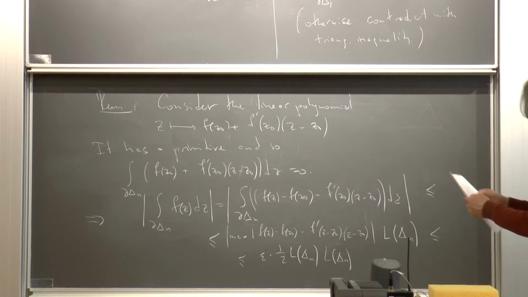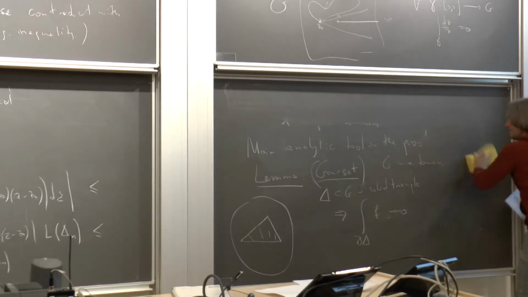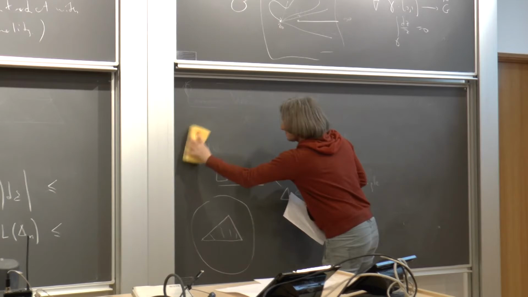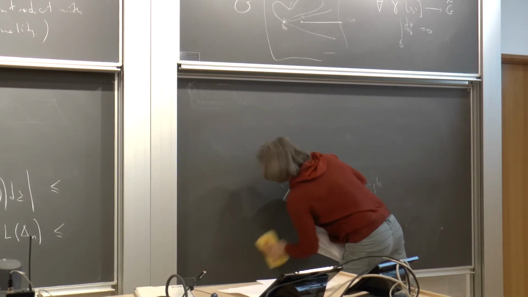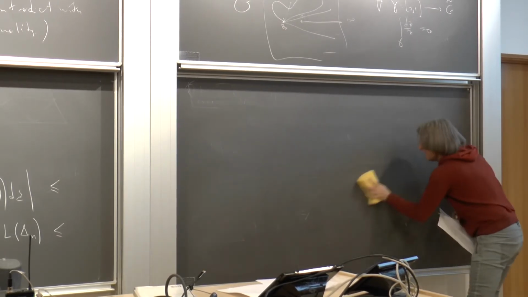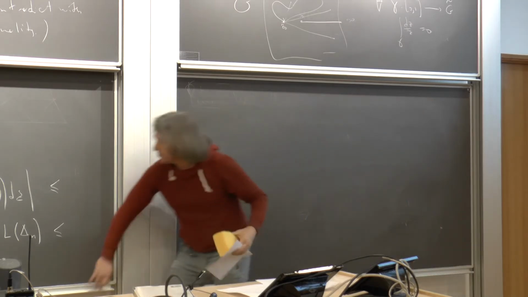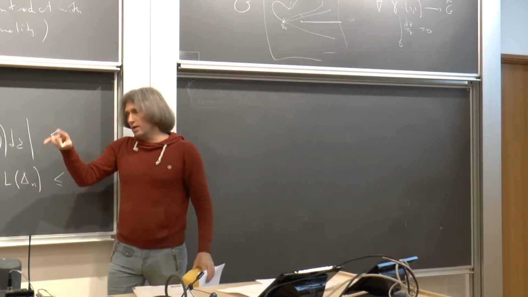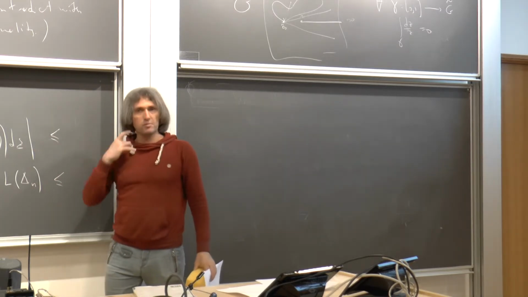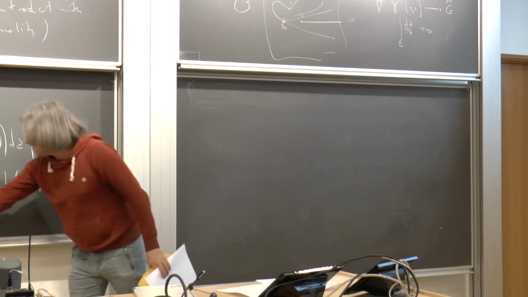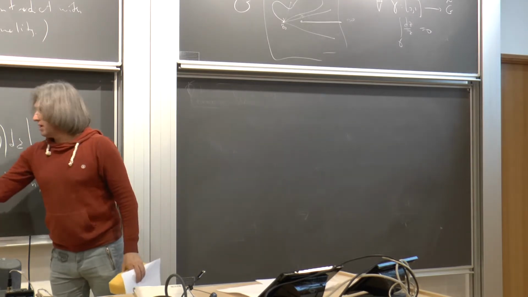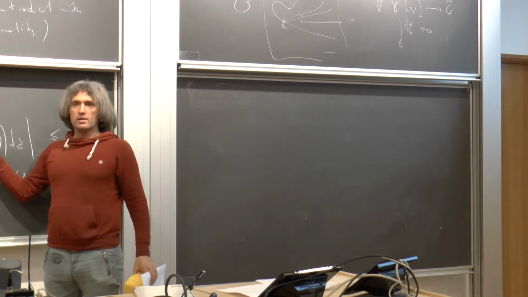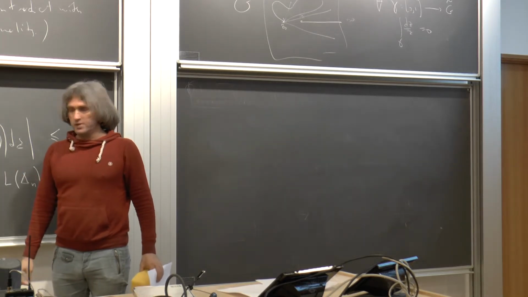So now let me continue this calculation. This is basically the most technical part. Looking at this formula, one factor L of delta n comes from the perimeter, the length of the curve we're integrating over, and the other factor comes from the estimate on the absolute value of this function.